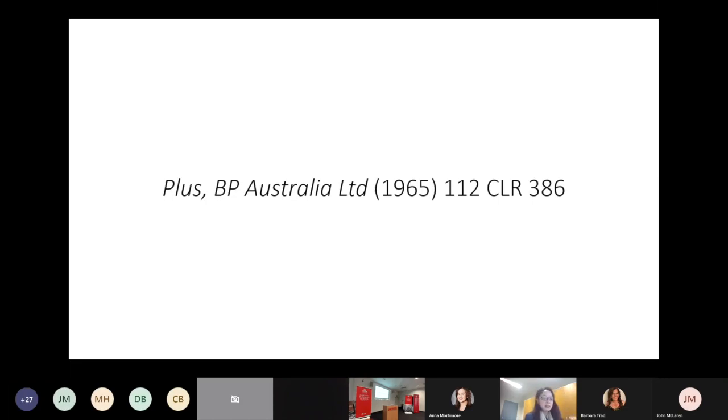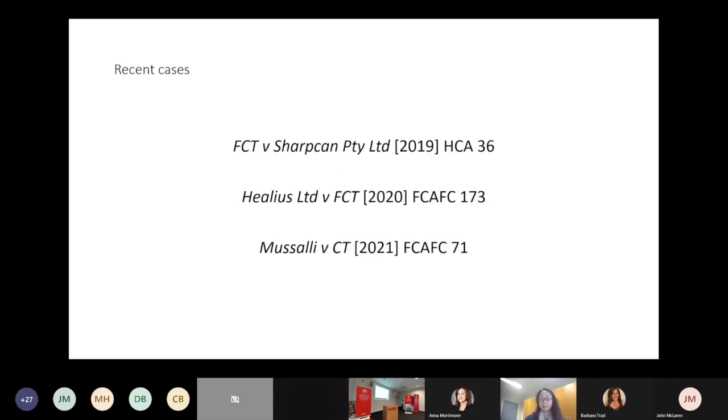Of course, litigants know that they can't argue that an expense should be immediately deductible because the Australian law is deficient, as the Privy Council justified. Nevertheless, many cases, including Healius, which I will talk about soon, invoke the precedent of BP Australia to take the side of taxpayers. So now let's fast forward to more recent cases.